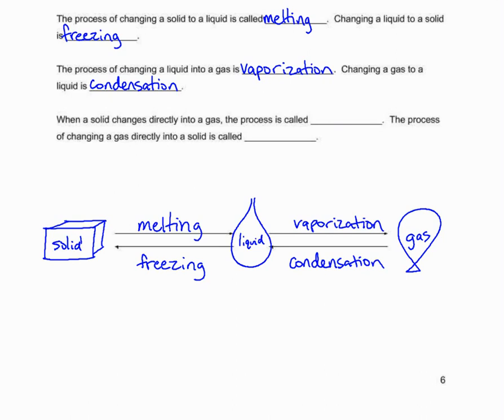But then we have some other changes of state where we could skip one of these entirely. So when a solid changes directly into a gas, so we're talking about a solid skipping the liquid form and going straight from solid to gas. This is a process known as sublimation.